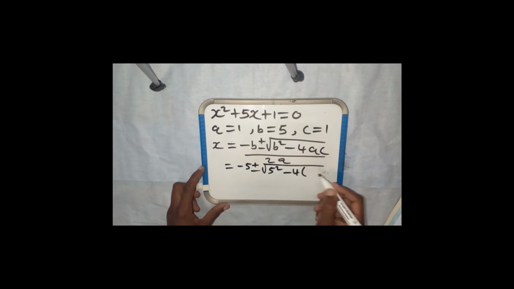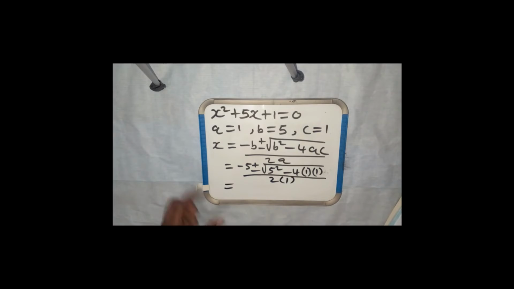Where there is a, we substitute 1. Where there is c, we also substitute 1. Then we've got 2. Where there is a, we put what? We put 1. Then we use our calculator now.